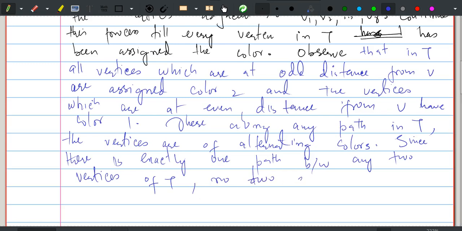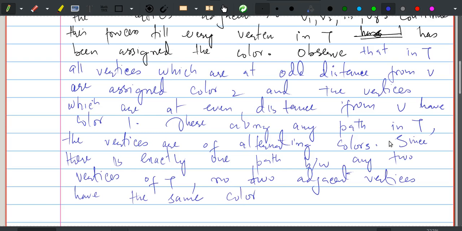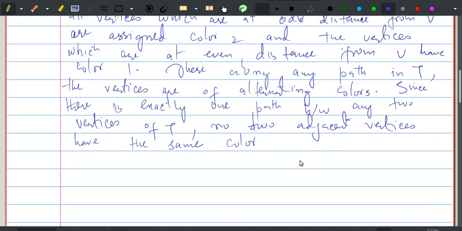The reason being the vertices at odd distance have color 2 and those at even distance have color 1. Hence chi of T is 2. So this proves this result.